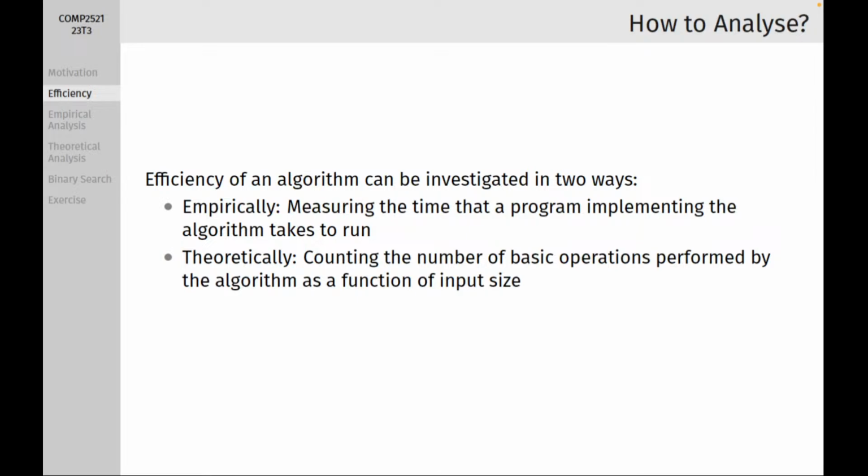And the second way is theoretically, and what you do there is you look at the algorithm, you could look at the code or the plan of the algorithm if you haven't implemented it yet, and you basically count how many operations it performs as a function of the input size. So we'll look at empirical analysis first.